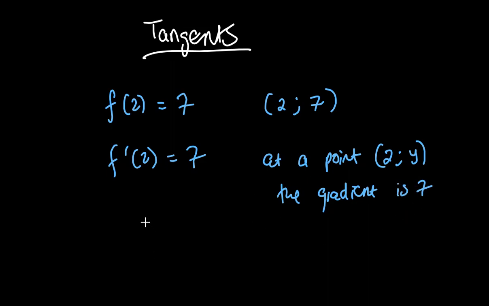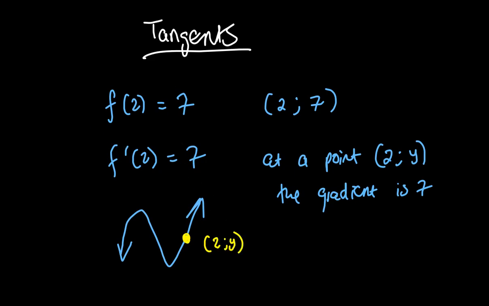So remember, if I were to have my function maybe like this, let's say this is our function here, and here is our x value, x is 2, and I do not know y.